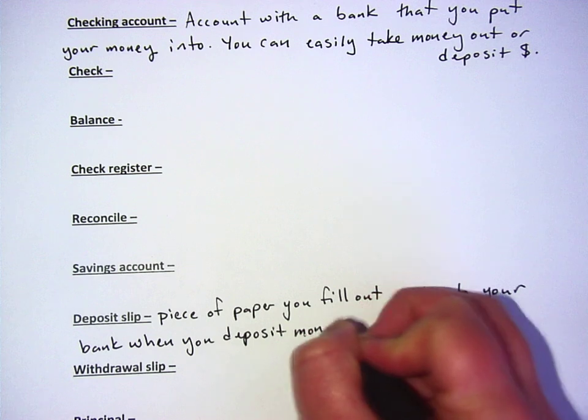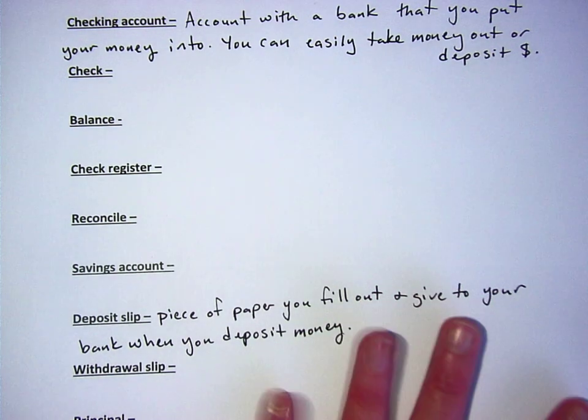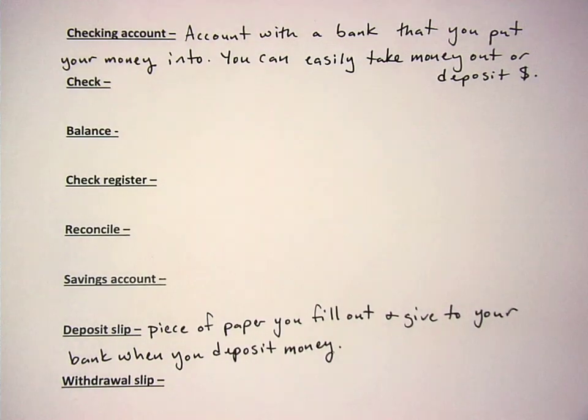There's lots of ways to get money into your bank account. Sometimes it's automatic, where it's taken from your paycheck and put into your bank account. But sometimes you actually have checks or cash that you want to put into a bank account.